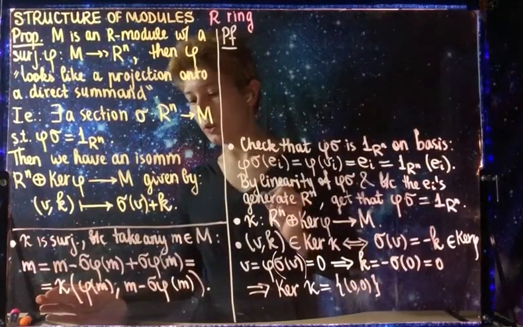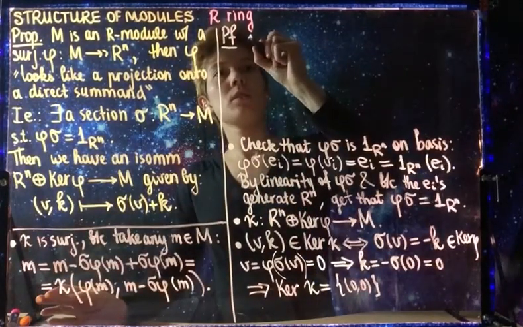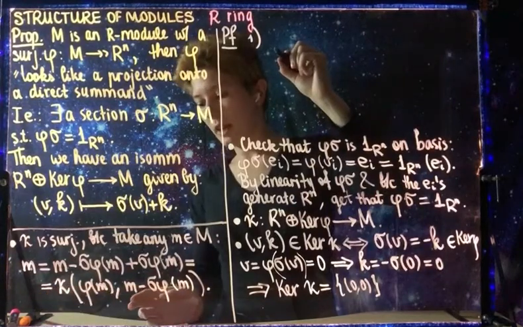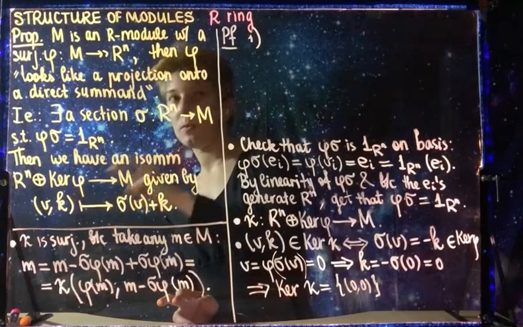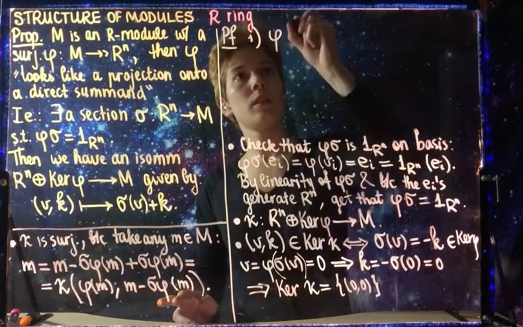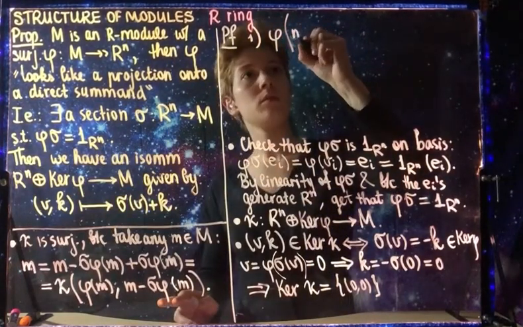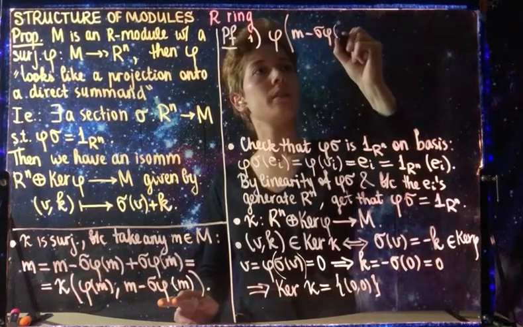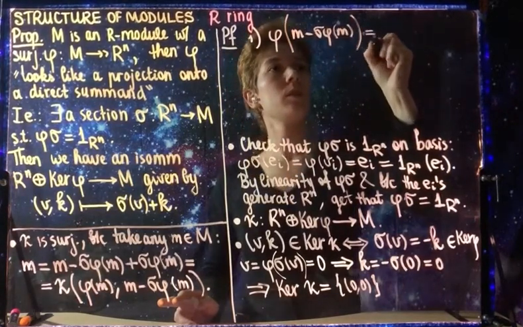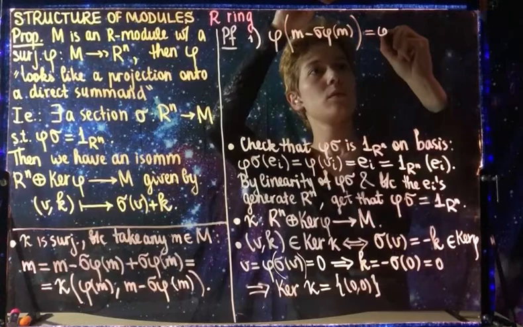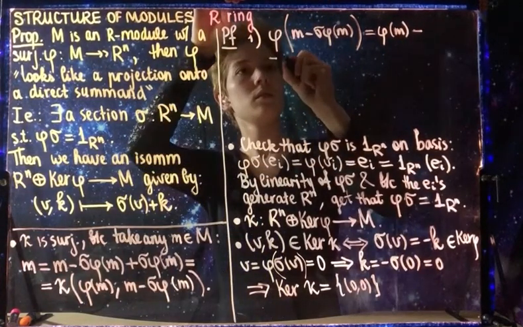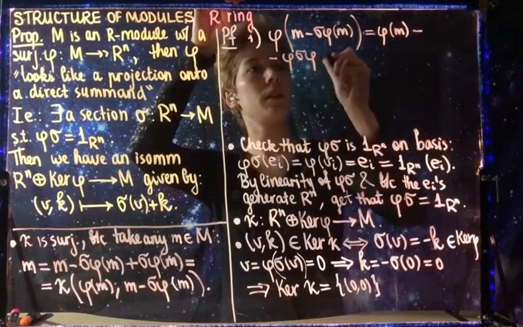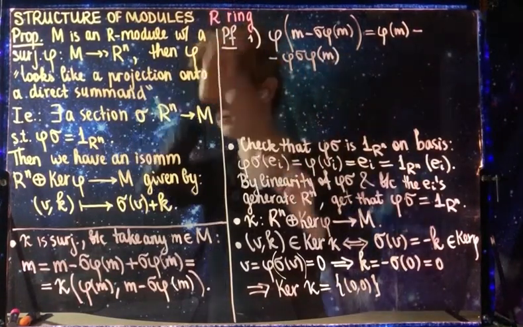I'm checking this equality. First, observe that m minus sigma phi of m is indeed in the kernel of phi, because phi applied to m minus sigma phi of m is equal to phi of m minus phi sigma phi of m.